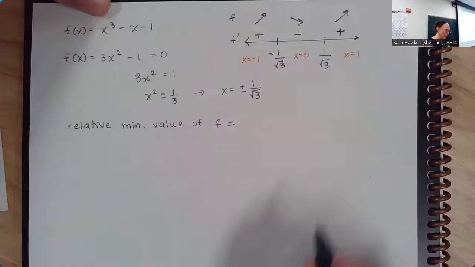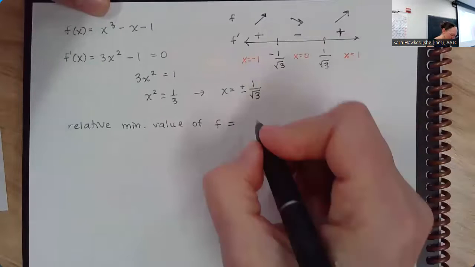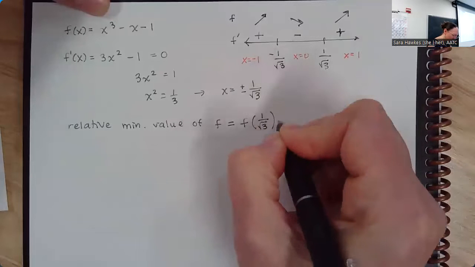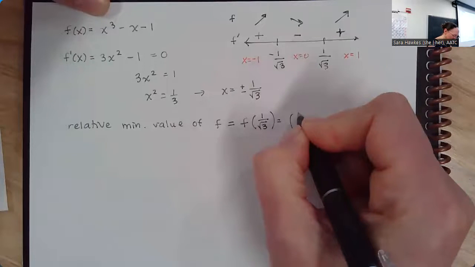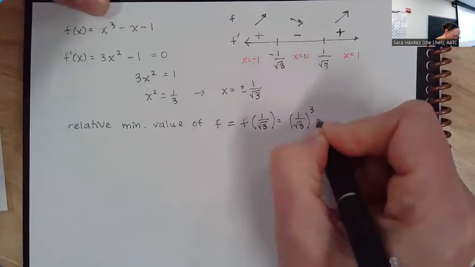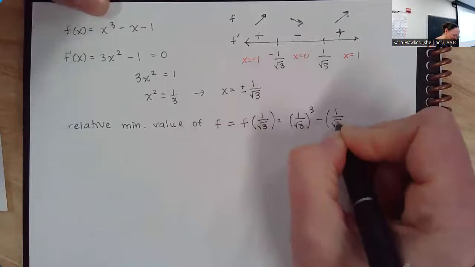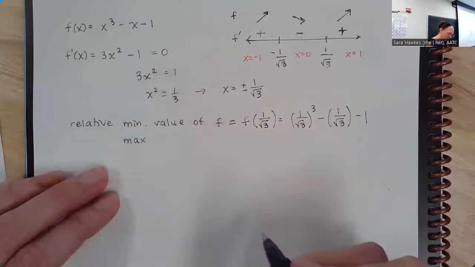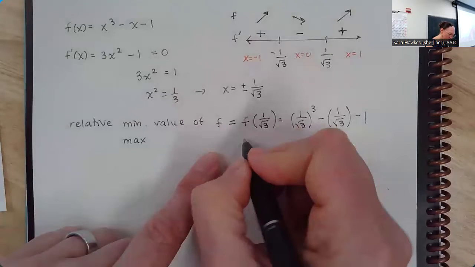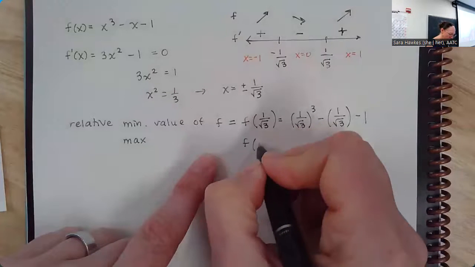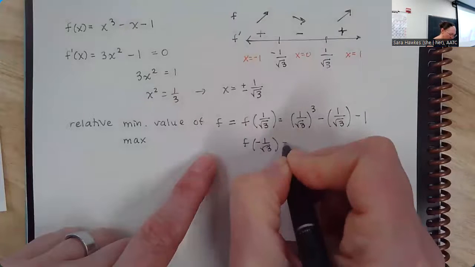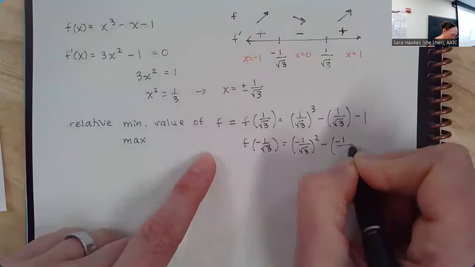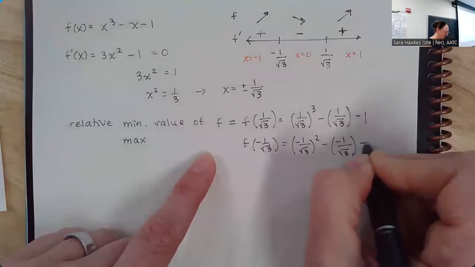So it occurs when x is 1 over root 3, but it's actually f of 1 over root 3. You don't need to simplify this. You just need to show that you plugged it in. Same for that relative max. Our relative maximum value of f is f of negative 1 over root 3. So I'd have negative 1 over root 3 squared minus negative 1 over root 3 minus 1.